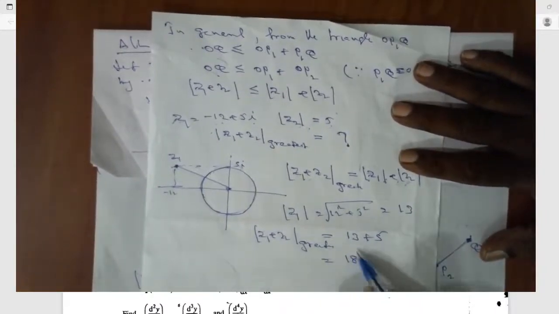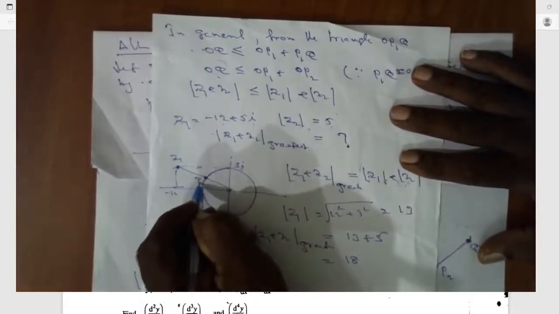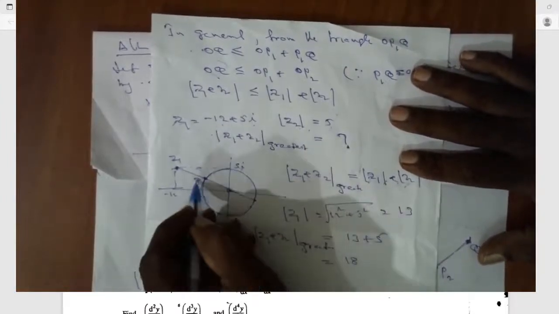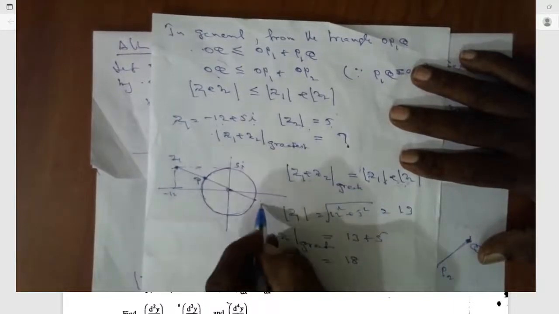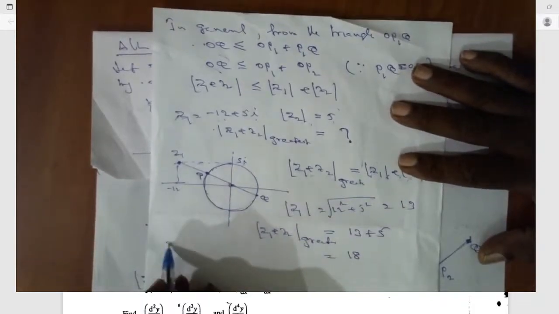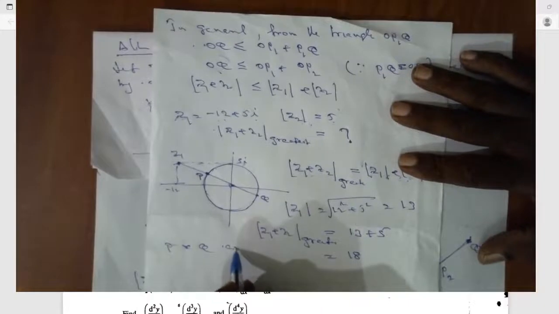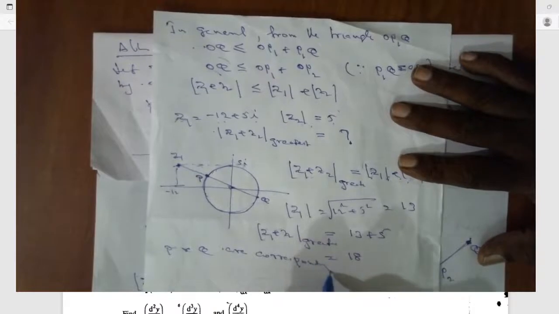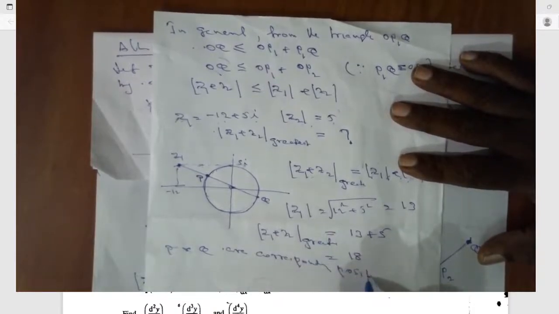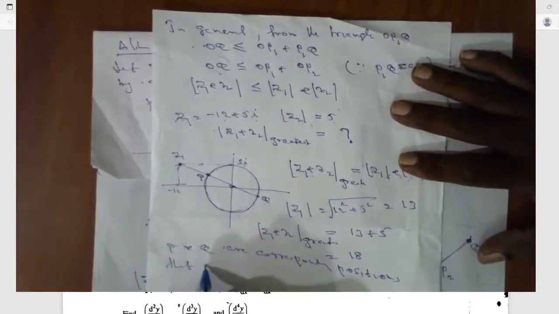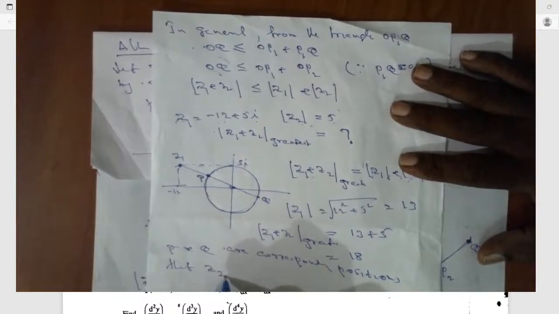In this case, there are two corresponding positions. This point P1 and P2. So let's say P and Q. P and Q are the corresponding positions that C2 can take.